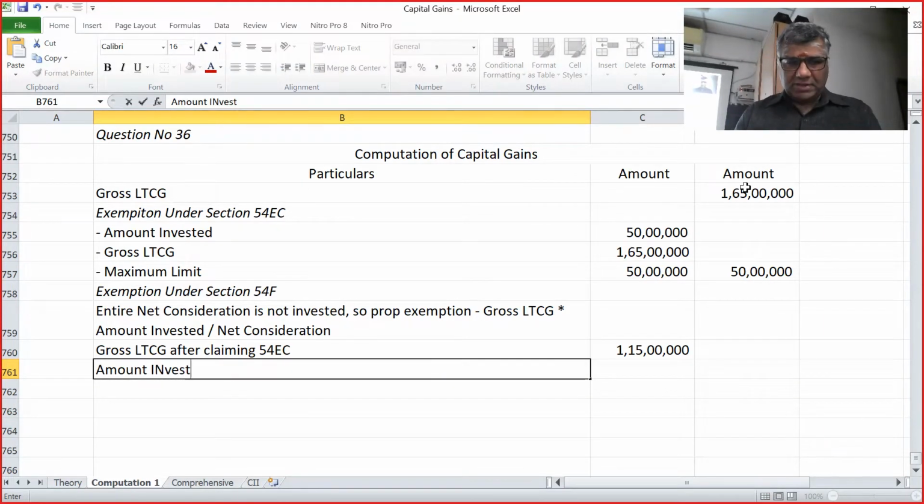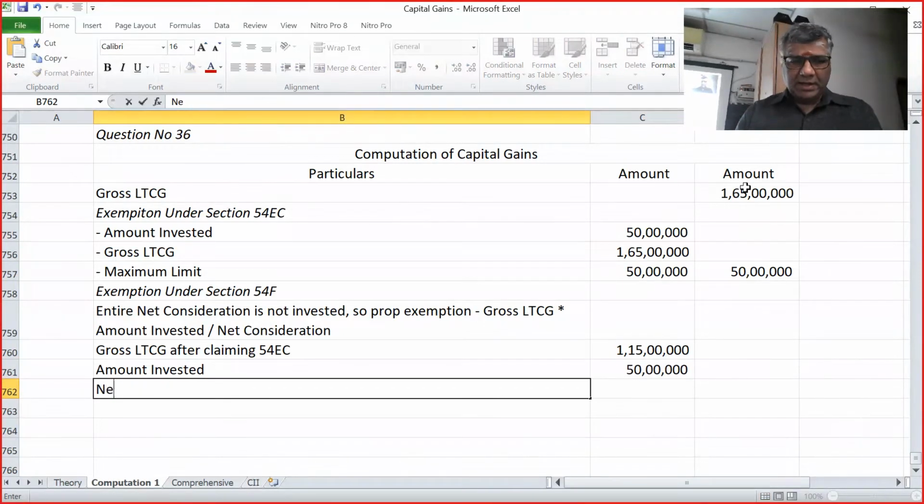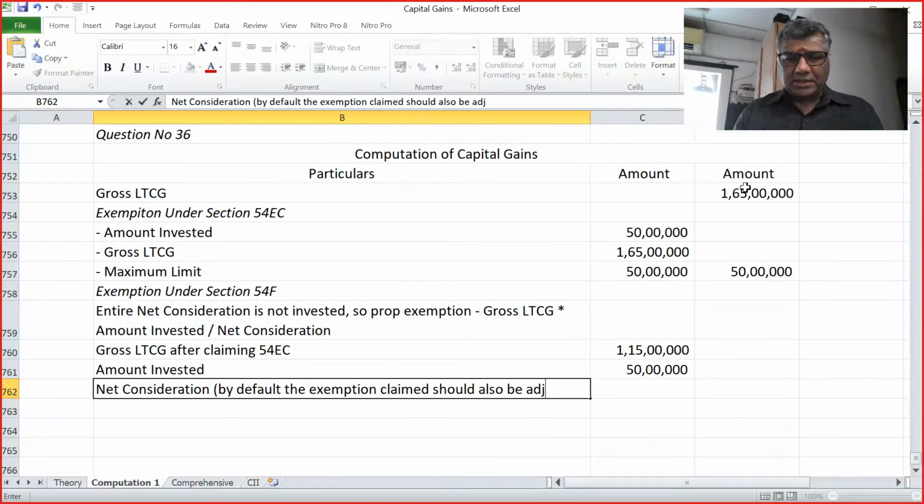Amount invested is 50 lakhs. Net consideration: please understand now. By default, the exemption claimed should also be adjusted.